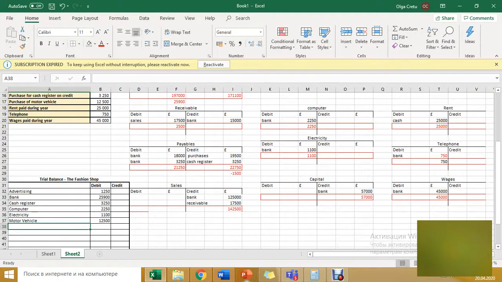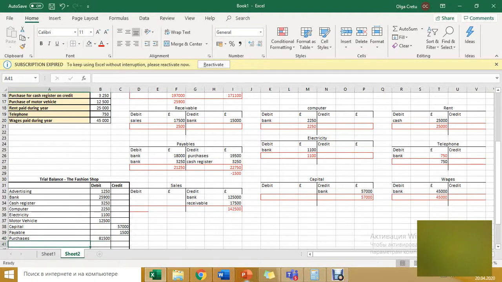And then we have the capital, which goes under credit with 57,000. And then we have the payable account, which will go under credit as well with 1,500. And then we have purchases, with 81,500.